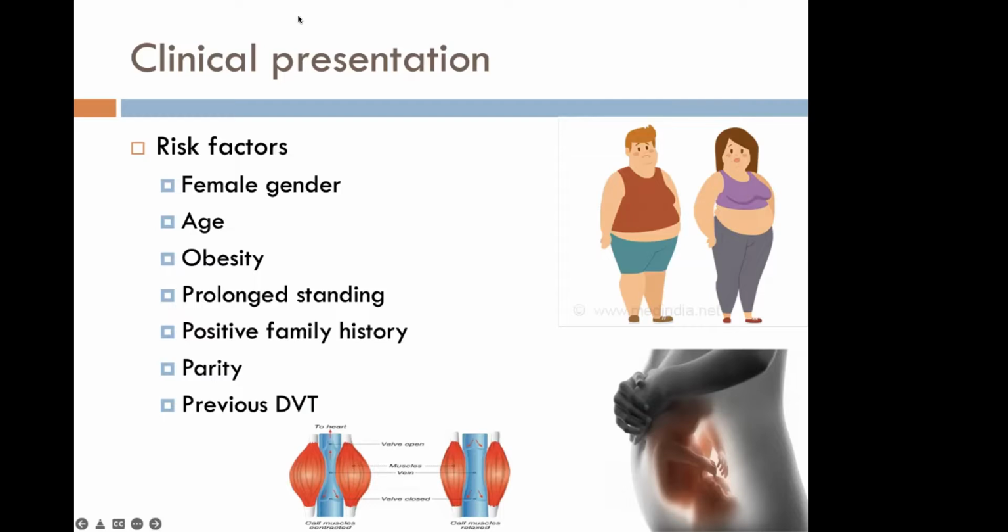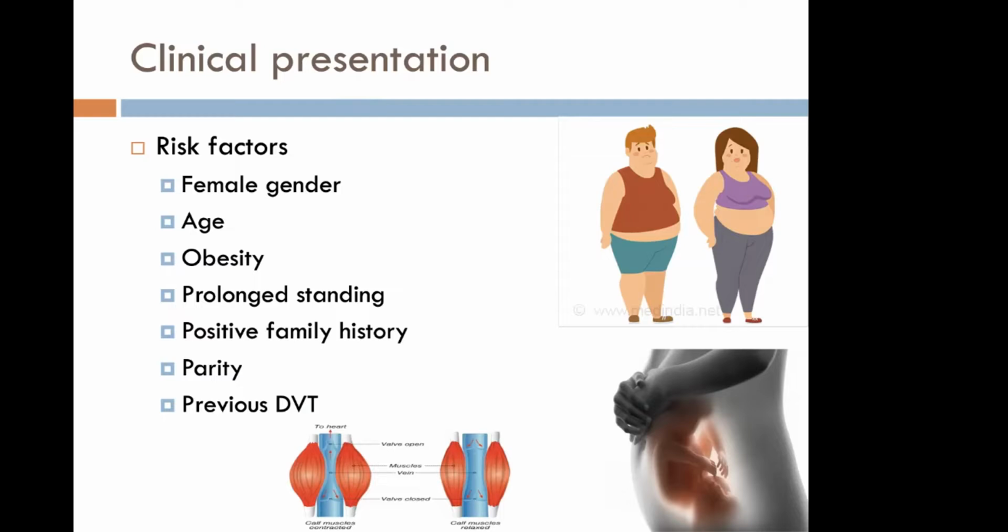Now, when one goes through the history of this patient, you need to consider the risk factors. Now, female gender, unfortunately, is a risk factor for this disease. Advanced age and obesity; there's clear evidence to suggest that obesity is a significant cause of chronic venous disease.